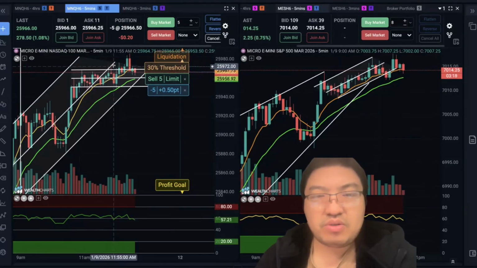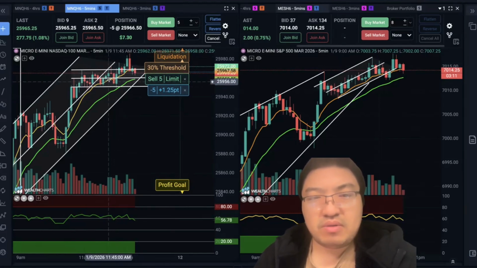And I have a short order at the upper bound of this sideways. So we'll see.